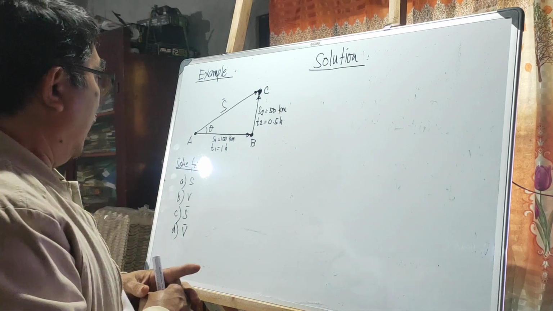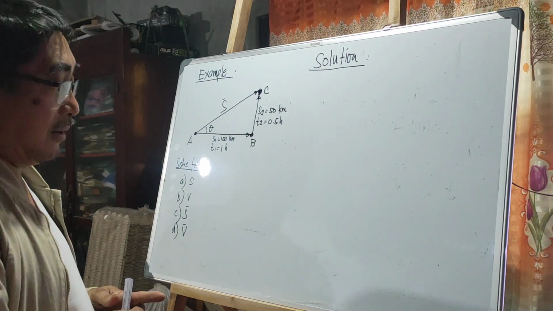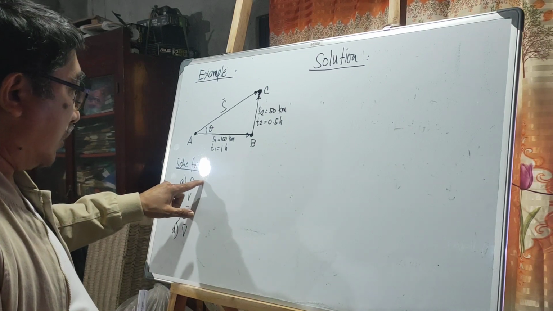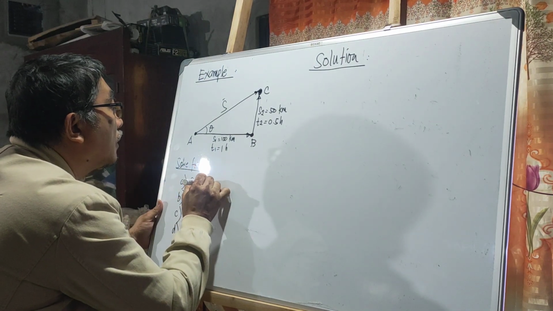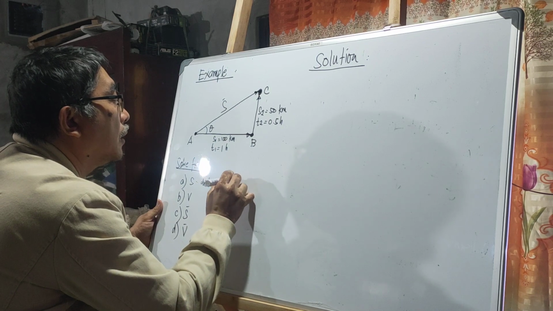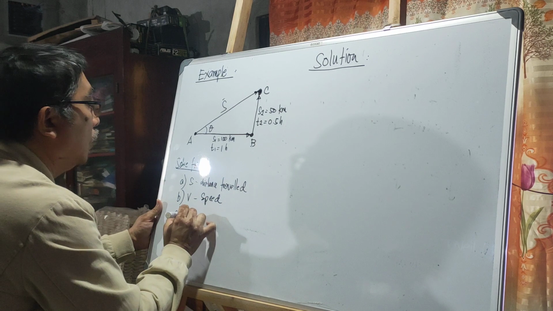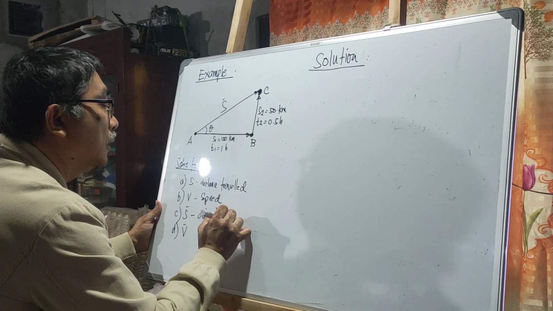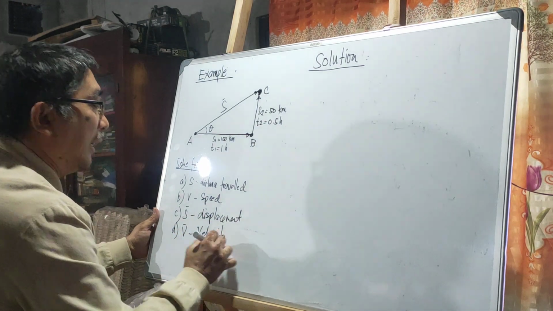Okay? Now, ang requirement sa problem is we are asked to solve for S. Ibig sabihin nito is distance traveled. We are asked to determine the speed. We are asked to determine the displacement. And we are asked also to solve for the velocity.